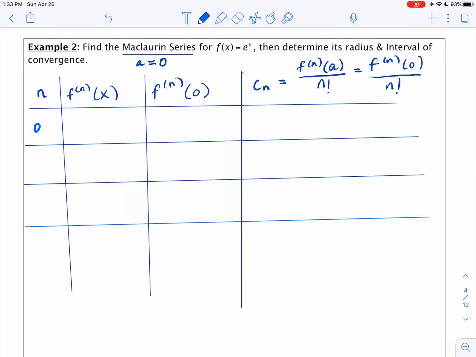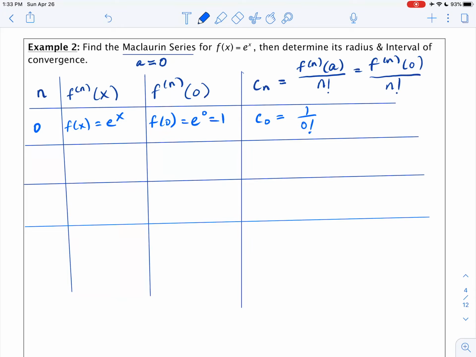Alright, so when n is equal to 0, we do not take the derivative, so we just have f of x equal to e to the x. When we evaluate f at 0, we get e to the 0, which is 1. And c sub 0 is now going to be 1 over 0 factorial.